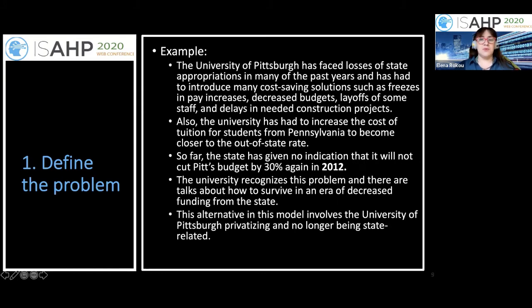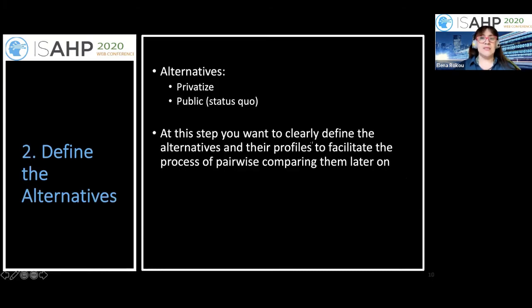And the problem that we are trying to solve is whether the university should move to a privatized version or should stay on its current status that is semi-public, state-related.